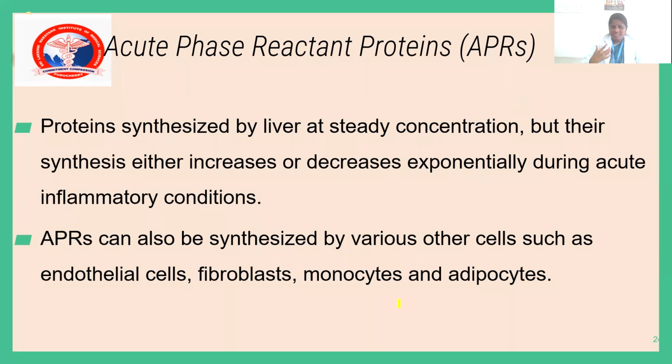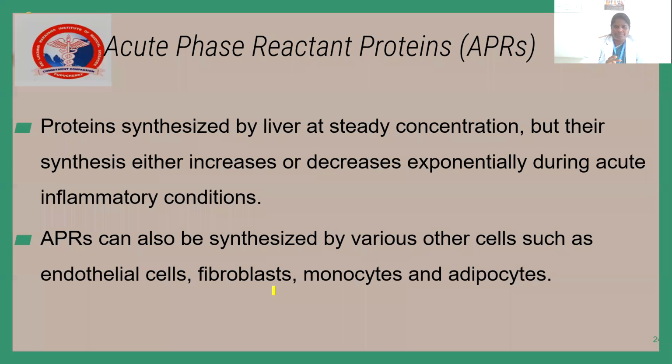The protein which is synthesized by the liver, and also by other cells like endothelium and fibroblasts, but mainly it is synthesized by the liver only. To an extent, it can either be increased or decreased. If inflammation is there, the acute phase reactant can be increased or decreased based on the condition.